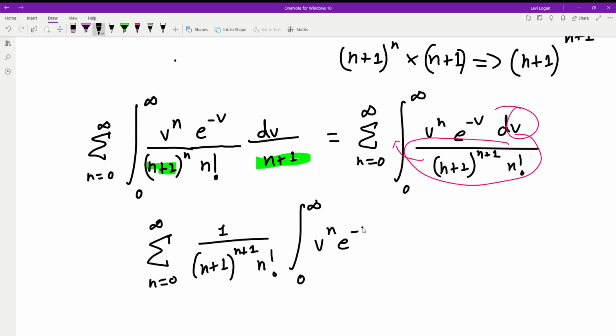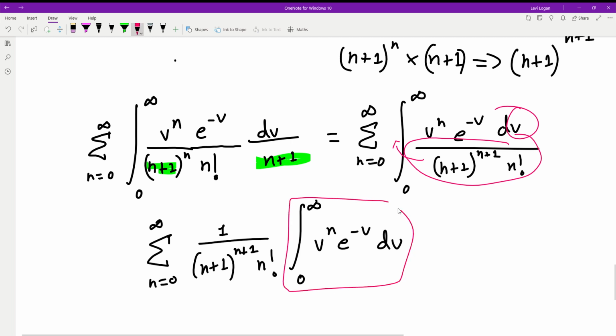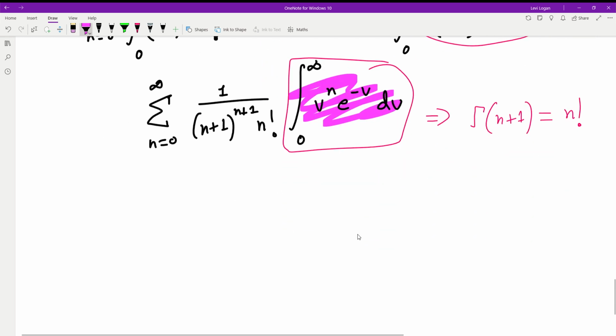e to the negative v dv. And now if you can actually recognize this thing here, this here is the gamma function. So more specifically, this is gamma of n plus 1, which is n factorial. So we can actually substitute this entire integral here with just n factorial.